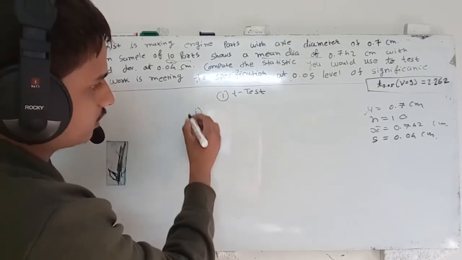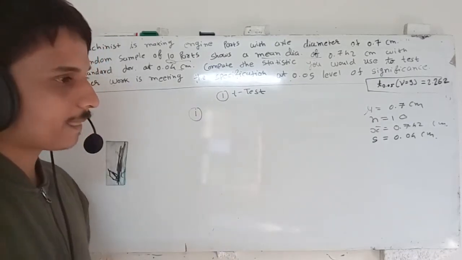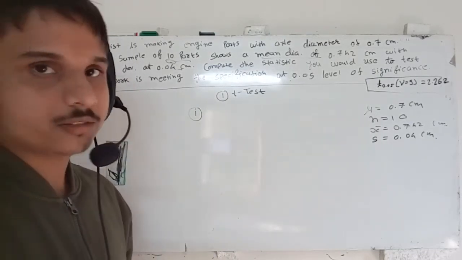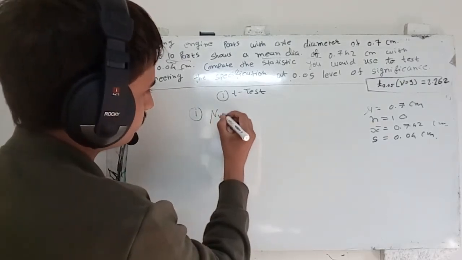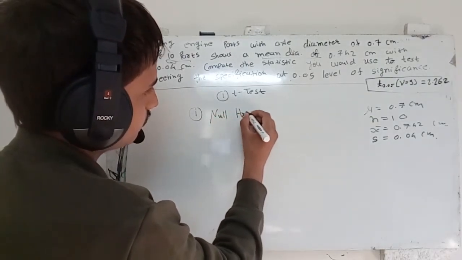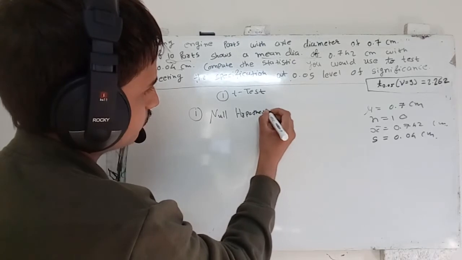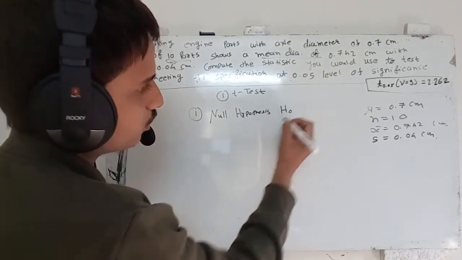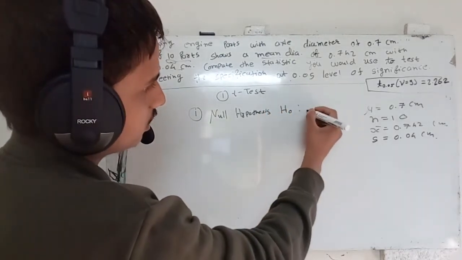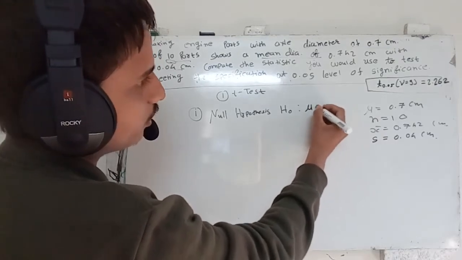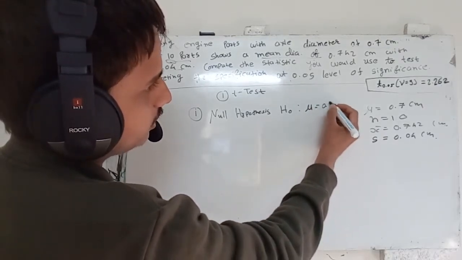So first we will assume null hypothesis. It is called H0, that is mean is equal to 0.7 cm.